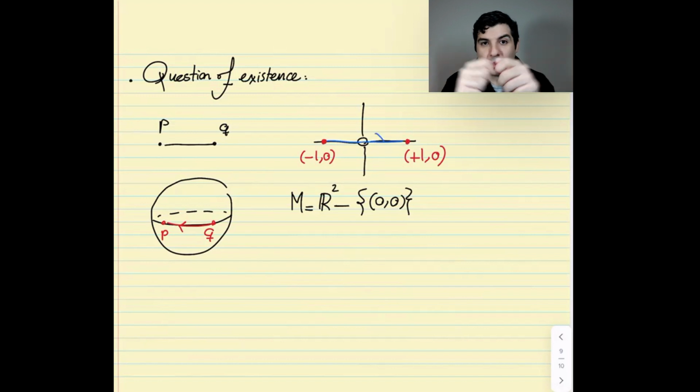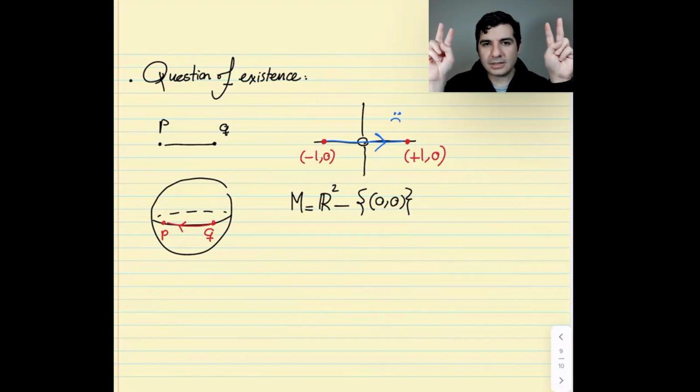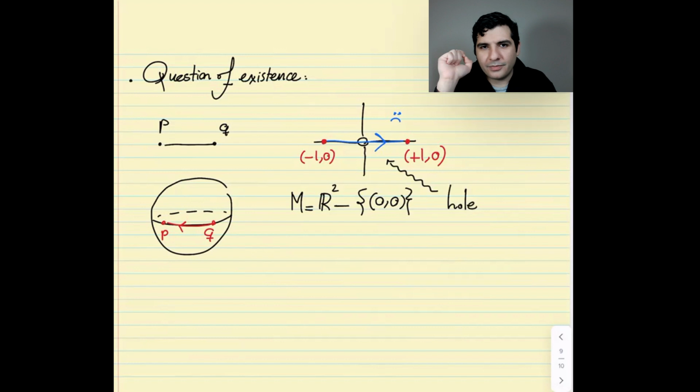The only geodesic potentially connecting them would be this blue segment. But that's not a good geodesic because it is not inside my manifold. My manifold is R2 minus the origin. The problem with this manifold is that it has a hole. In more technical words, it's not complete. And that's essentially the problem.